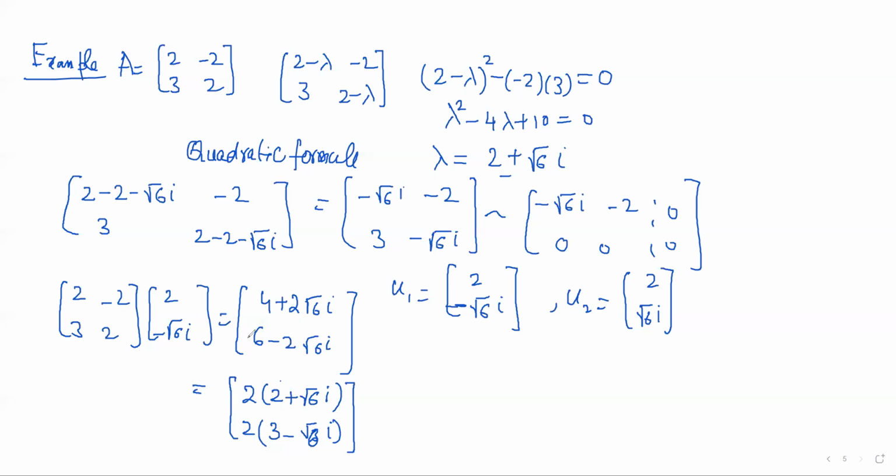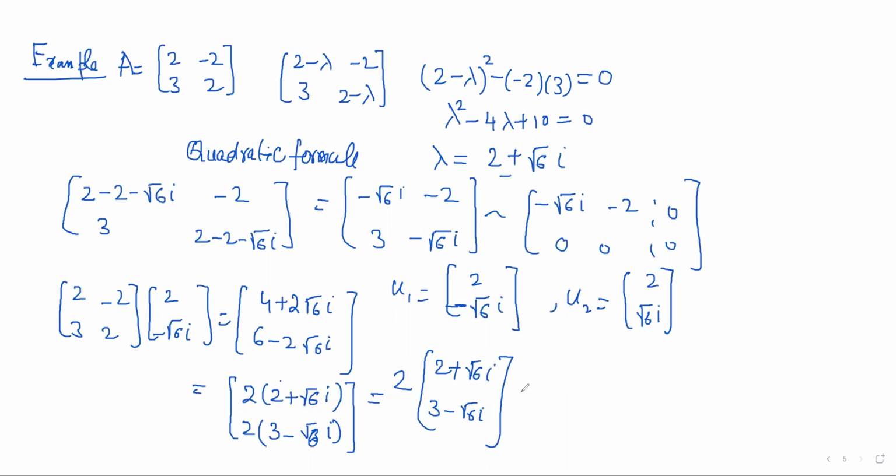From here I took 2 as common, so it was 2 times (2 plus root 6 i), and then 3 minus root 6 i.